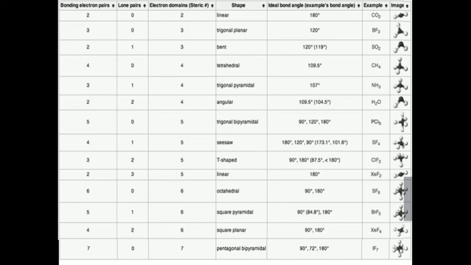One good example is methane, CH4. We have trigonal pyramidal with 107 degrees. An example is ammonia. We have angular, trigonal bipyramidal, seesaw, T-shaped, linear, octahedral, square pyramidal, square planar, and pentagonal bipyramid.